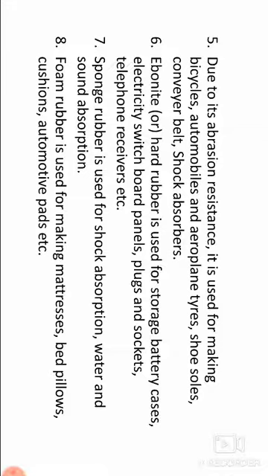Sixth one, ebonite or hard rubber is used for storage battery cases, electricity switchboard panels, plugs and sockets, telephone receivers, etc. Sponge rubber is used for shock absorption, water and sound absorption. Eighth one, foam rubber is used for making mattresses, bed pillows, cushions, automotive pads, etc.